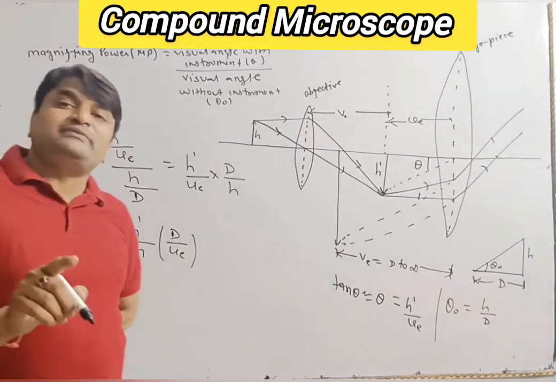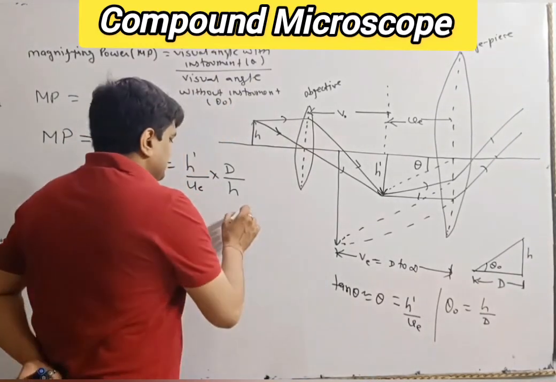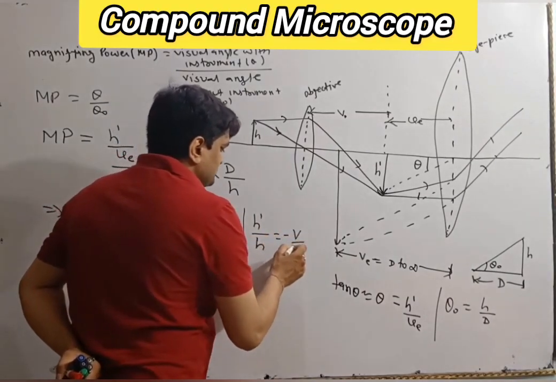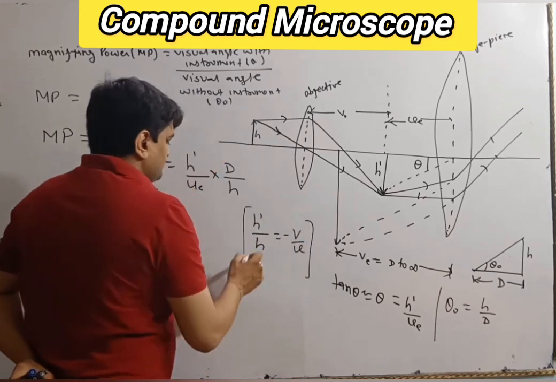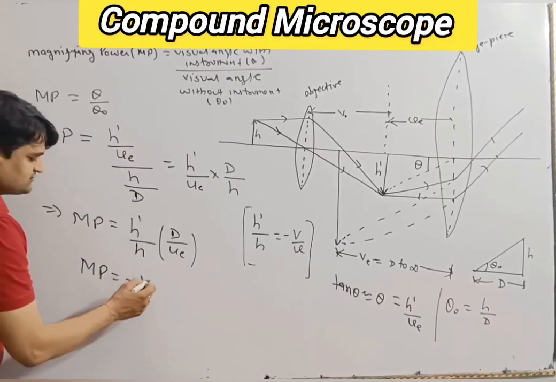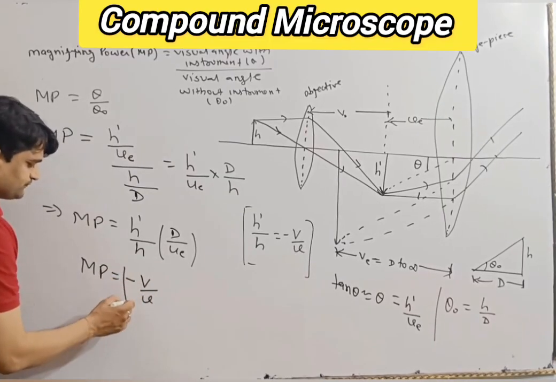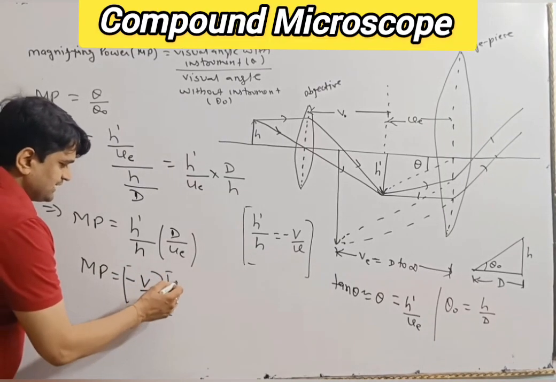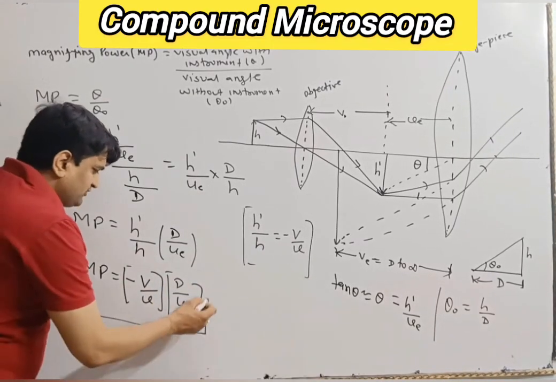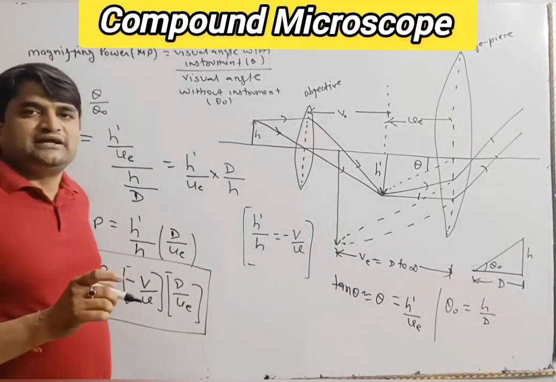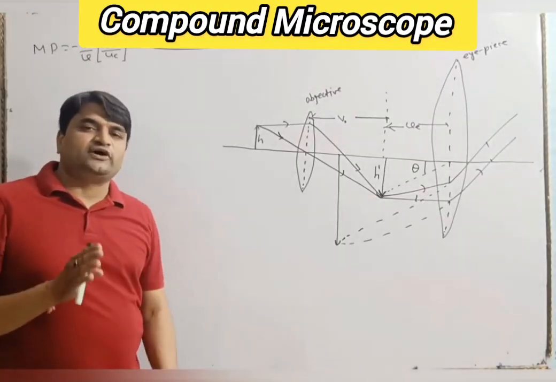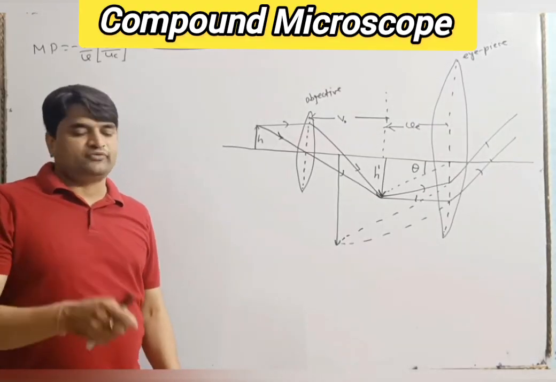Okay, and from simple microscope already we know that H dash upon H equal to minus V upon U. Okay, so we can put here MP equal to minus V upon U and D upon UE. This is the final result, and now we are going to discuss two conditions, for far point and for near point.